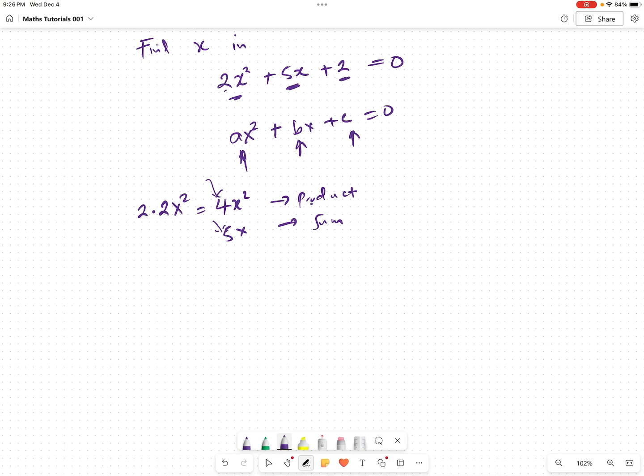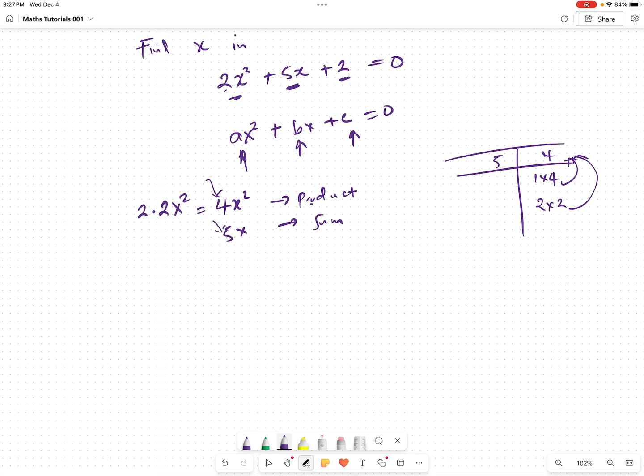The two terms in this case, you could just draw a table and see all the multiples and factors of certain numbers. In this case we are interested in 4 and 5. If we pick 1 times 4, that will give us 4. If we do 2 times 2, that will give us 4.